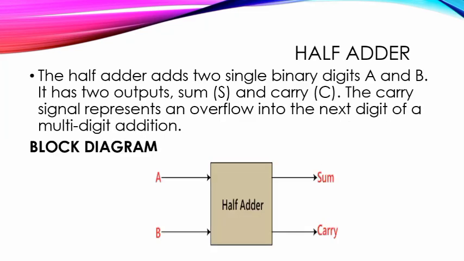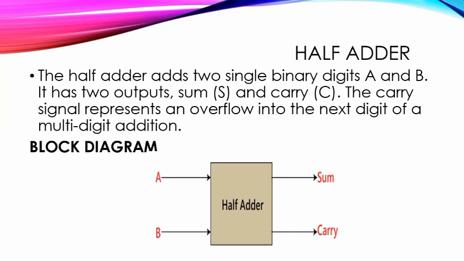We will see what adders are available. There is the half adder. So what is a half adder? A half adder adds two single binary digits, which can be named A and B. There are two inputs in the half adder and two outputs, which are sum and carry.